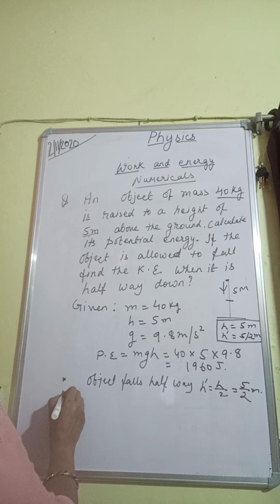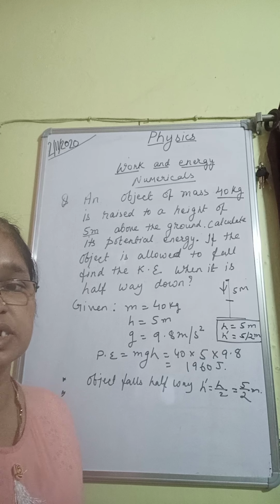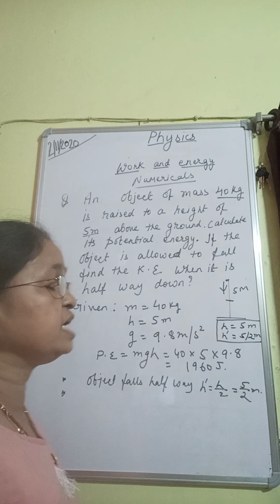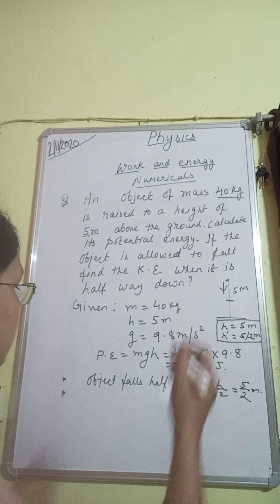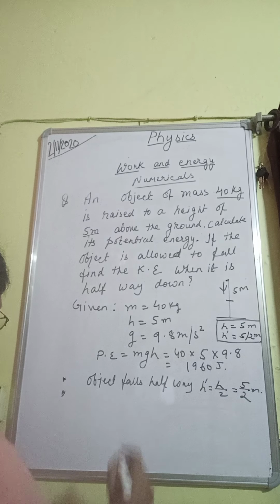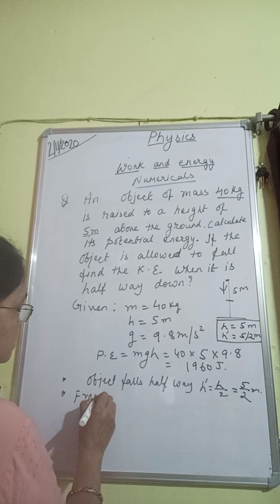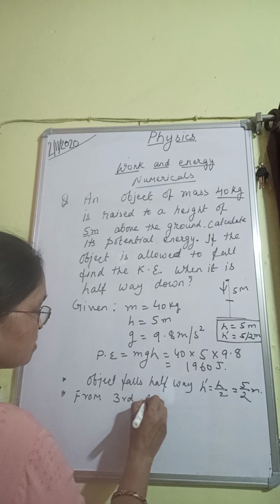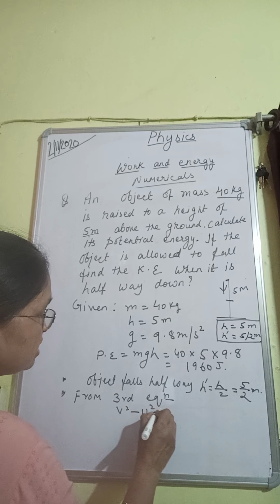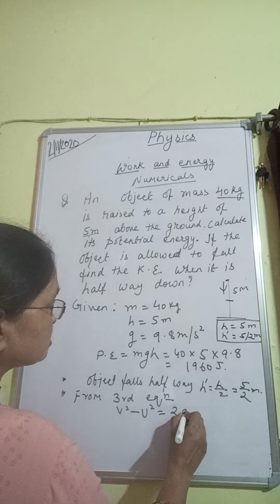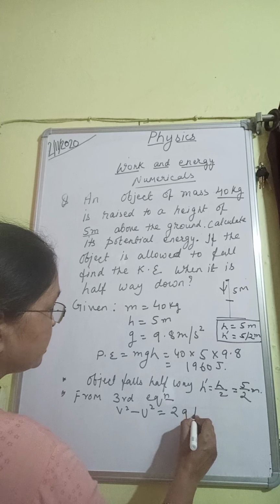For calculating kinetic energy, we have to find out its velocity, and its velocity is not given. So let us calculate from the equation of motion. We know the third equation of motion: v square minus u square is equal to 2g s, where s is the new height, h dash.